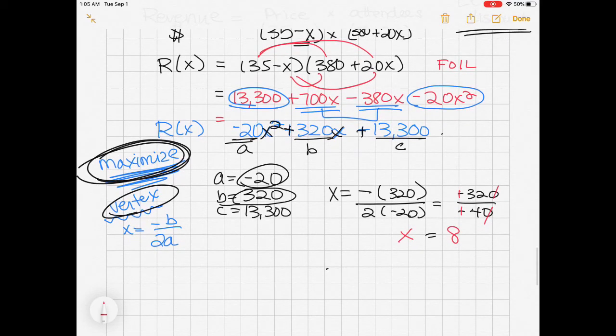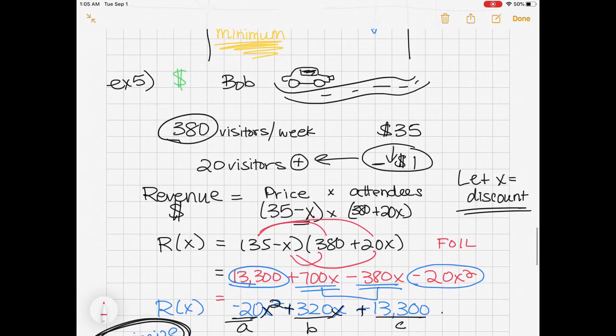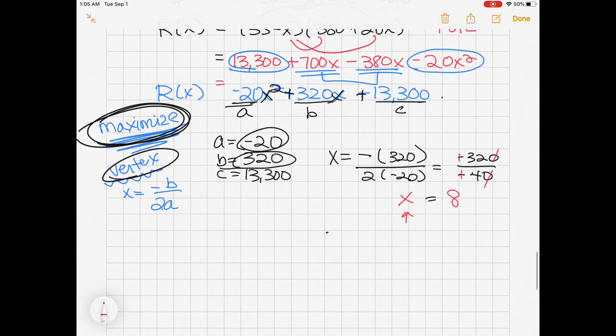So if X is 8, does that tell me what our maximum revenue is? No. Remember, we said X was the discount. So in order to maximize revenue, we need to discount the price by 8.